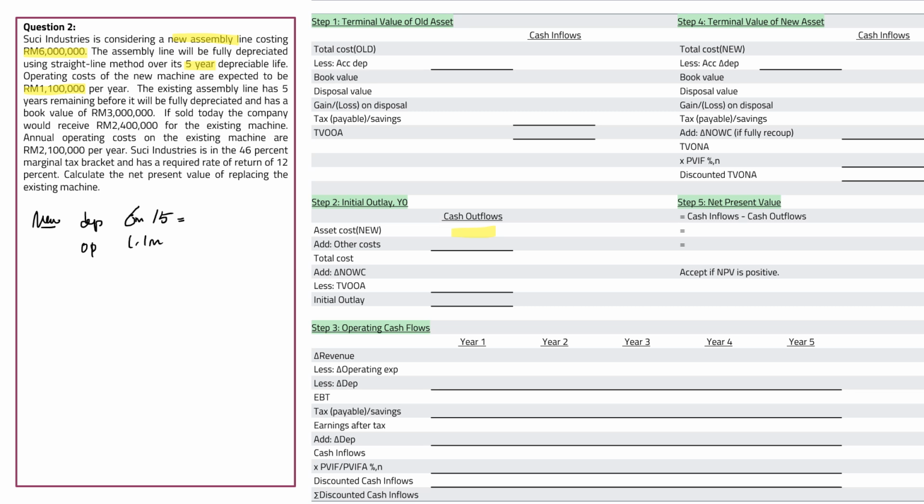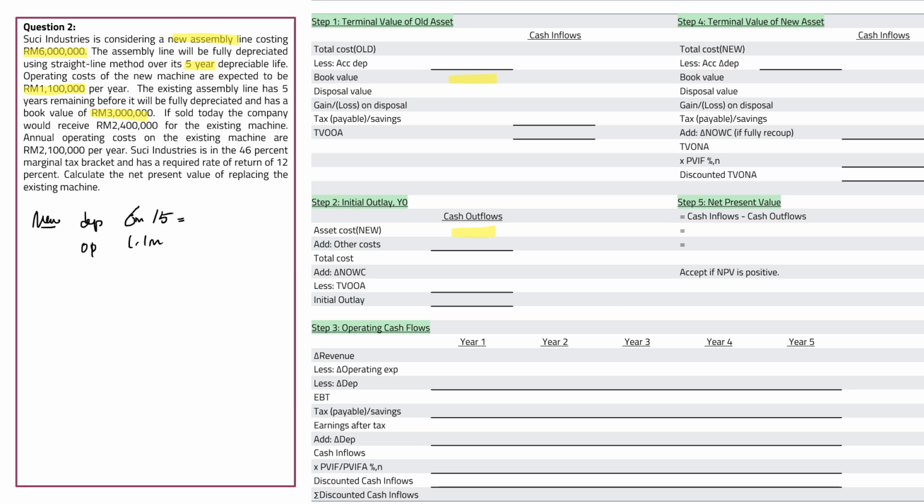The existing assembly line has 5 years remaining before it will be fully depreciated and has a book value of 3 million. So we don't actually know the original cost of the old machine. We don't know how much accumulated depreciation it has, but what we do know is that it currently has a book value of 3 million.